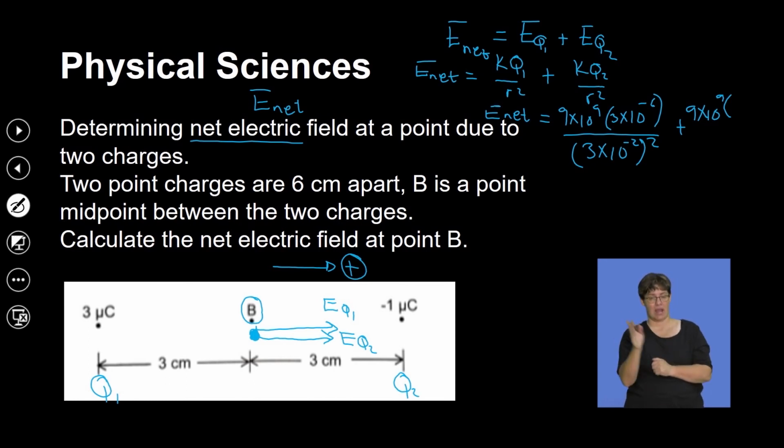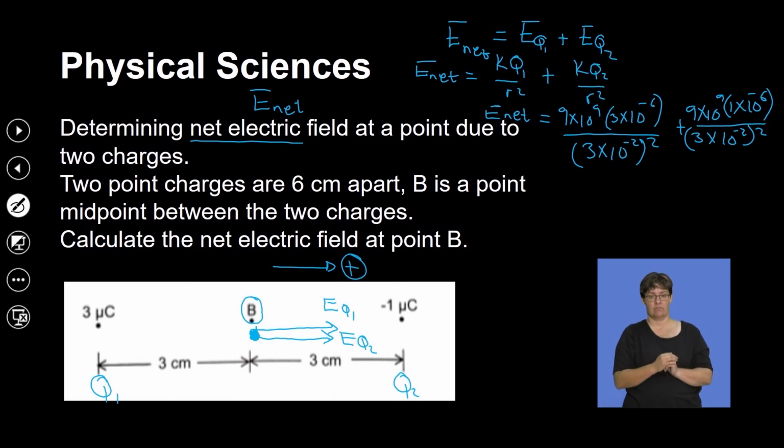If we put a negative there for the magnitude of the charge, it's going to mess up our direction. That's the main thing in determining E net. So this is 1 times 10 exponent negative 6 over the square of the distance, which is the same 3 times 10 exponent negative 2, and then we square that distance.